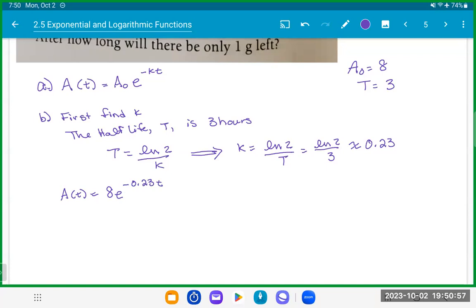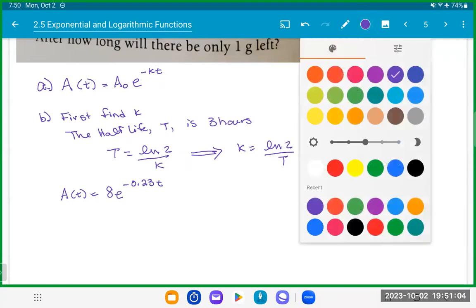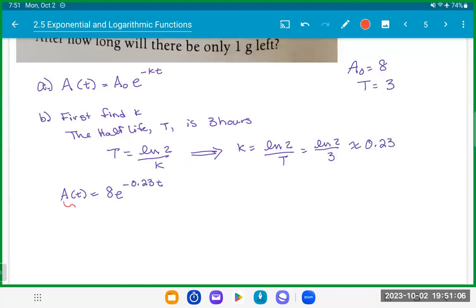So now I want to know when I have 1 left, right? So when does this here equal 1? That's what we're looking at. So 8 times e to the negative 0.23 t.